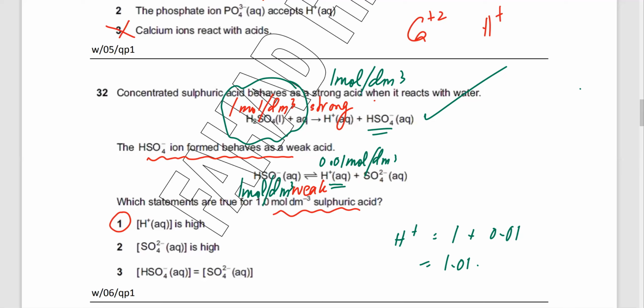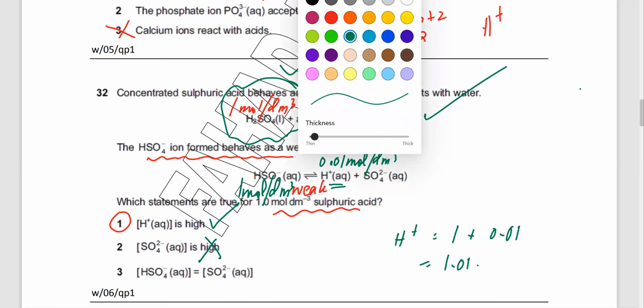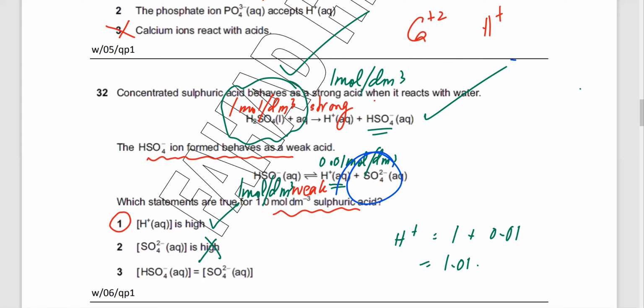Yes. So the H+ concentration is going to be high because at least the first dissociation is happening. The SO4 minus 2 concentration is not going to be high because SO4 minus 2 is produced in the second step, and the second dissociation is happening very, very weakly.